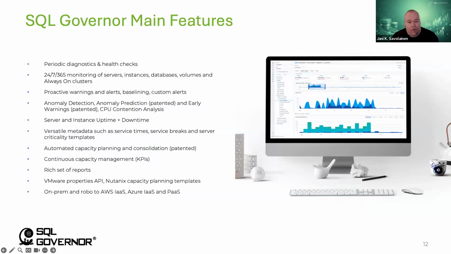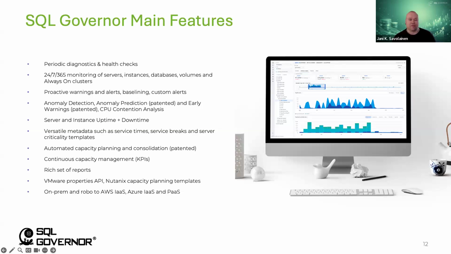Okay, these are some of the main features. I'm not going to read these as they are here, but you can see that there is quite a lot of different features, and I'm going to pinpoint a few of them. First of all, there are diagnostics and health checks.